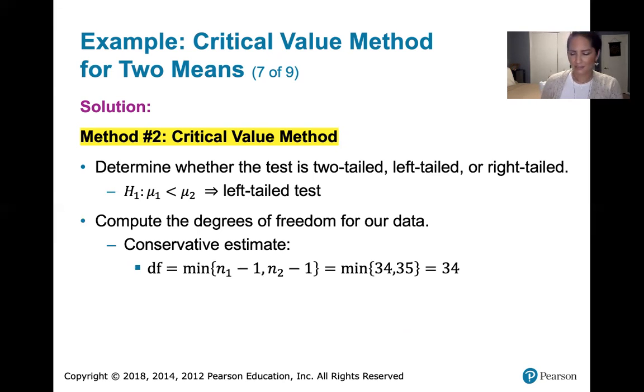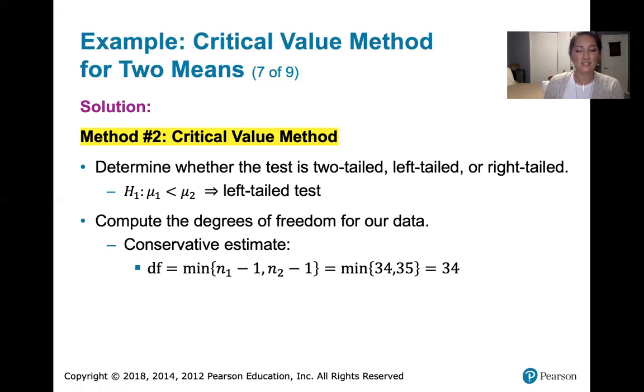So you've got the first sample size minus 1 and the second sample size minus 1. Our first sample size was 35, so one less than that is 34. The second sample size was 36, one less than that is 35. The minimum of 35 and 34 is 34. So that is our conservative estimate of the number of degrees of freedom.